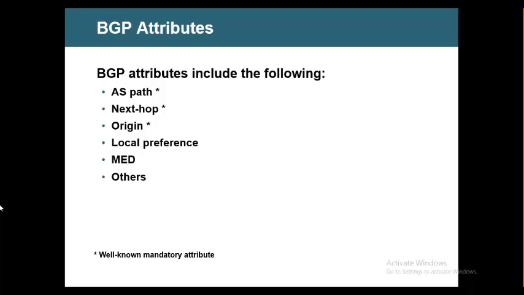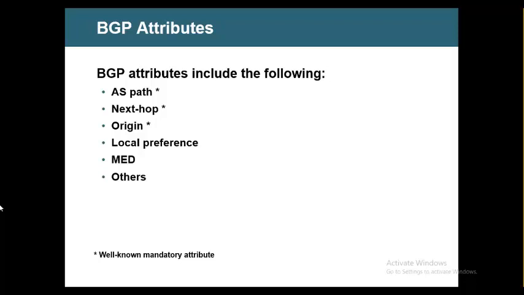So this is also mandatory and well known. As I said, all mandatory attributes are well known. Well-known mandatory attributes, for example: AS path, next hop, origin. Local preference is well known but not mandatory.